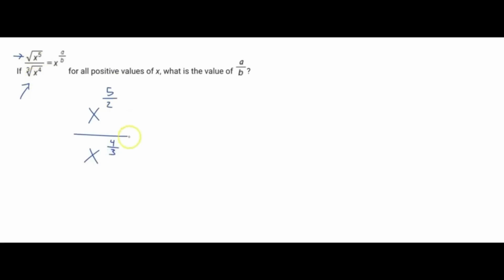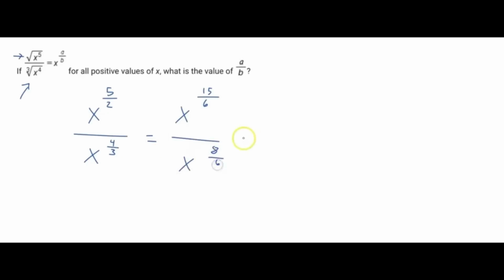And so now we want to find a common denominator between 5 halves and 4 thirds. We can just multiply this by 3 and this by 2. So you get 15 sixths, and then we multiply this by 2, so you get 8 sixths.